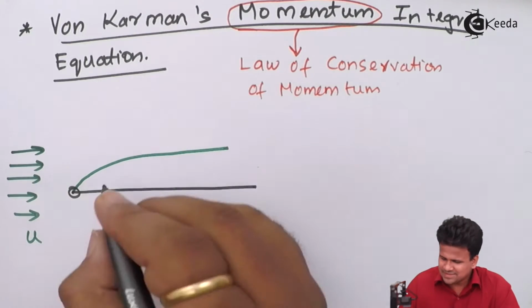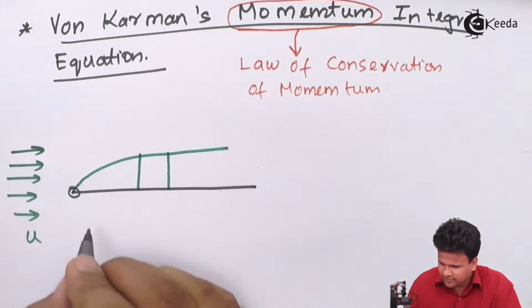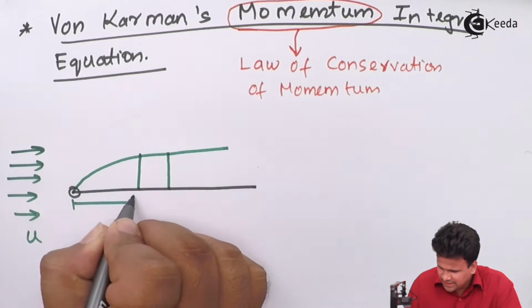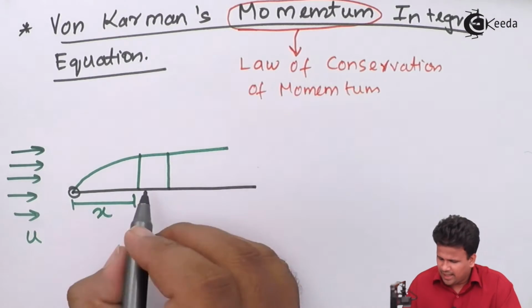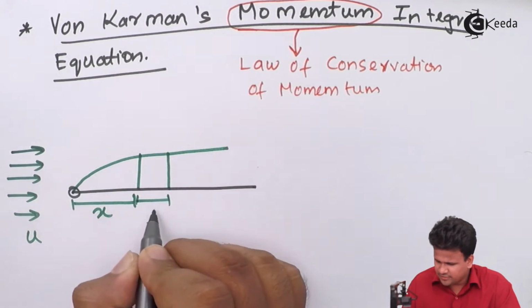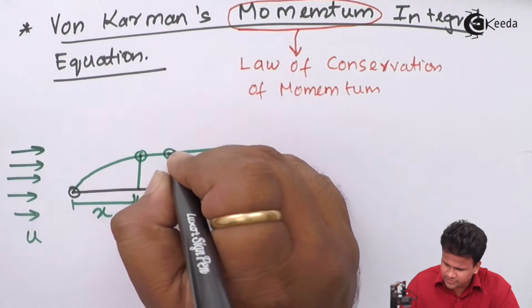So now let us take a section between the boundary layer. From the leading edge, let us take this distance as x and this thickness as dx. Let us name all these points.